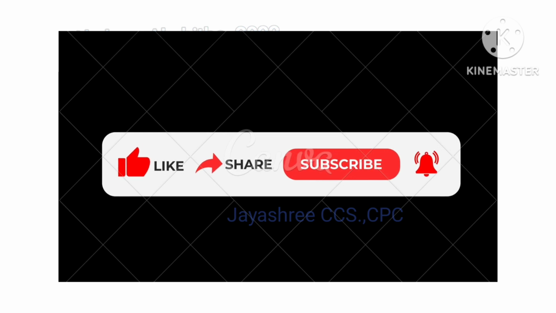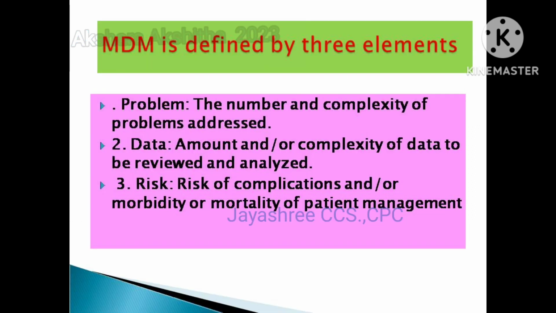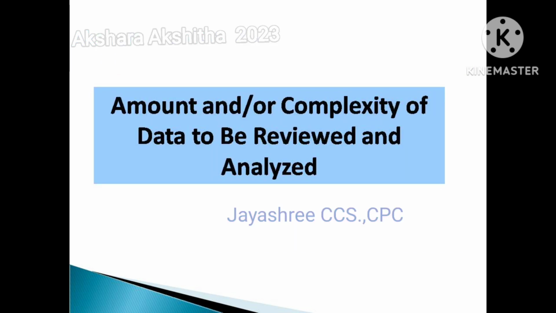Okay, let's start amount and complexity of data to be reviewed and analyzed. As I told you already, from this element we select the level of the amount and complexity of data to be reviewed at the encounter. Here also we need to know the definitions of some terms. What is analyzed?